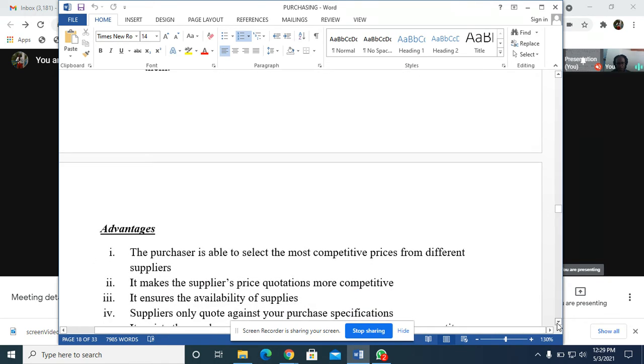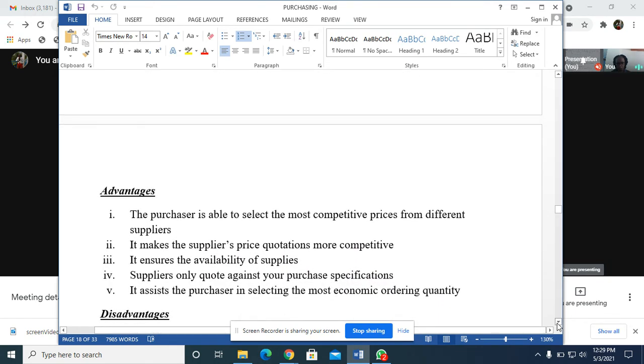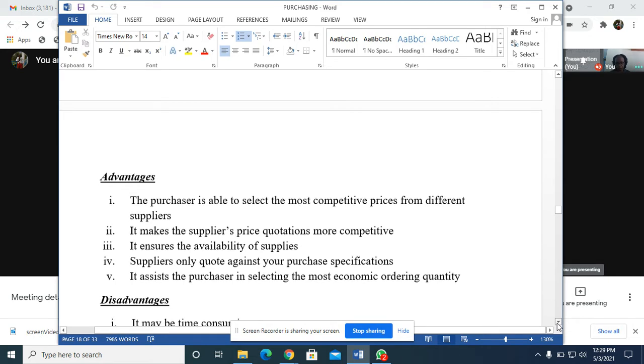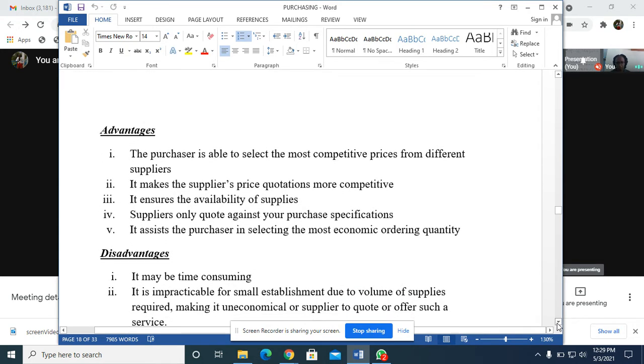We have advantages of using daily market lists as a method of purchasing. One, the purchaser is able to select the most competitive prices from the different suppliers. So once they quote the prices, that is where the purchasing department will select who is to supply the commodity with the best prices and the best quality.